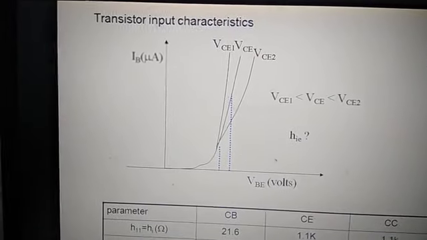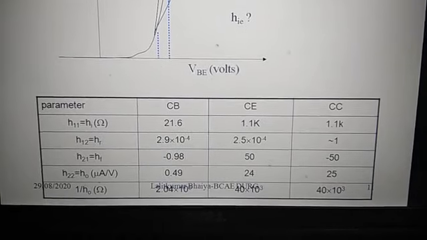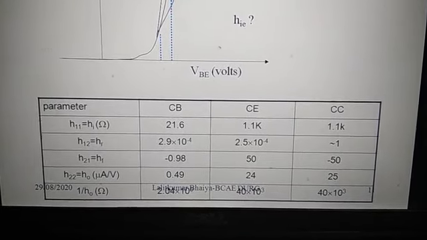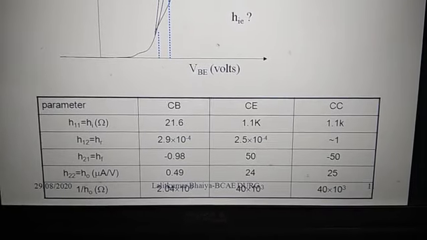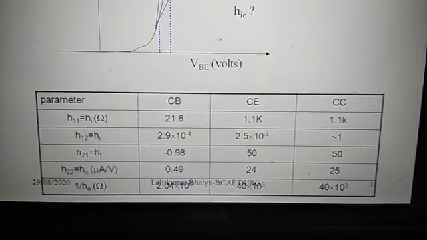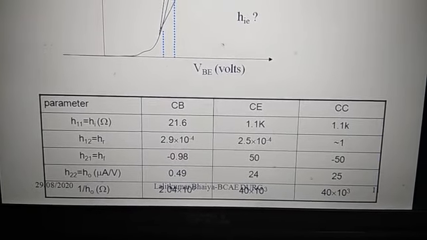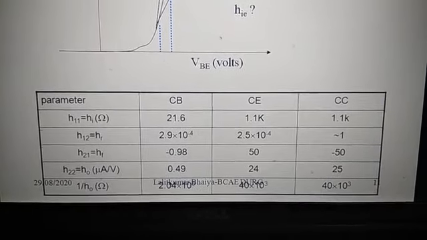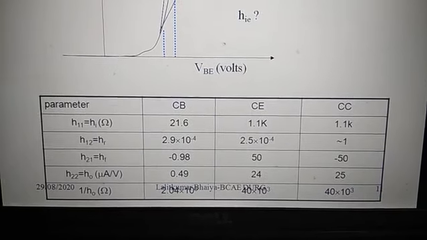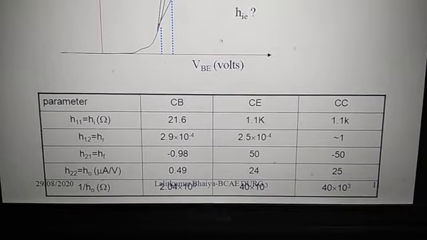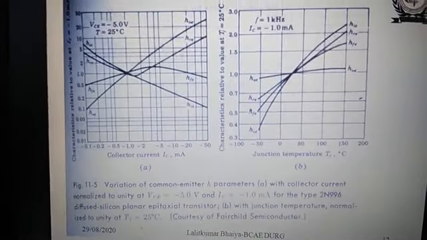We also saw a comparison of these parameters for the common base, common emitter and common collector amplifiers. This table shows HI, HF, HR and HO, that is, HIB, HIC, HIE, and similarly for the other parameters.